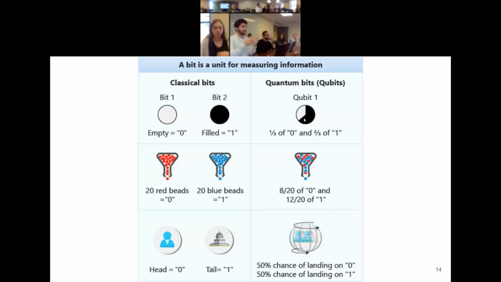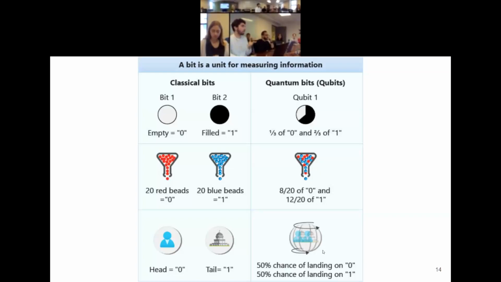If you have a qubit and you measure it once, you'll get a 0 or a 1 with some probability. And if you repeat that experiment multiple times, you can eventually form a probability distribution showing, say, a third of the time we got 0 and 2/3 of the time we got 1. I really like the coin flip analogy. It's not really quite correct, but it's a good place to start.